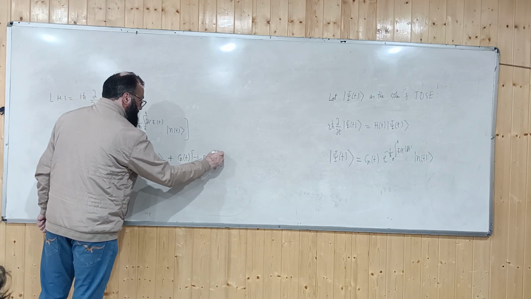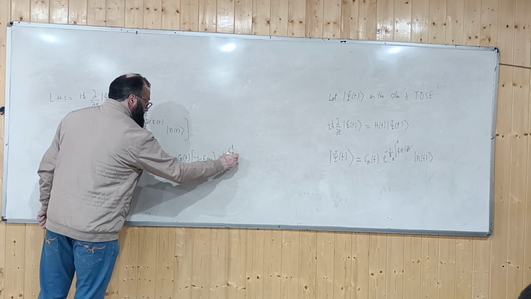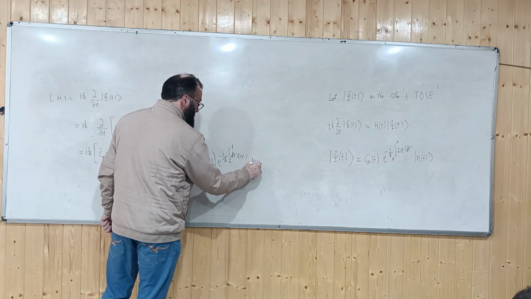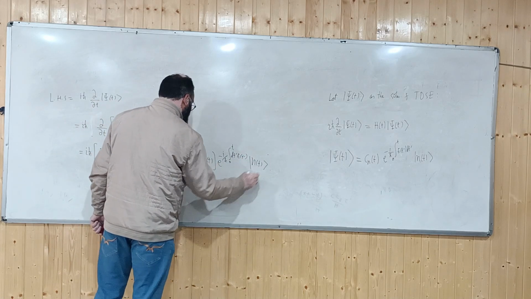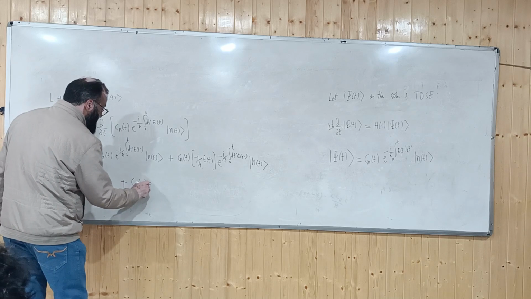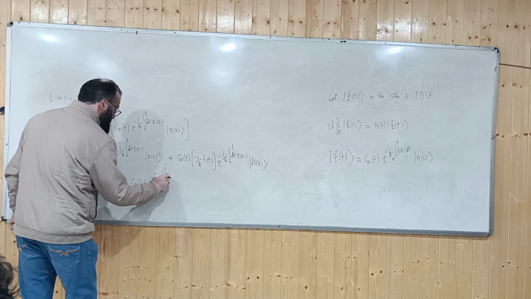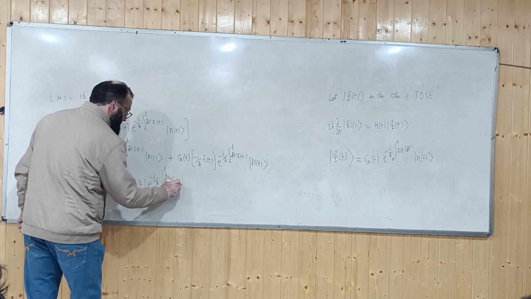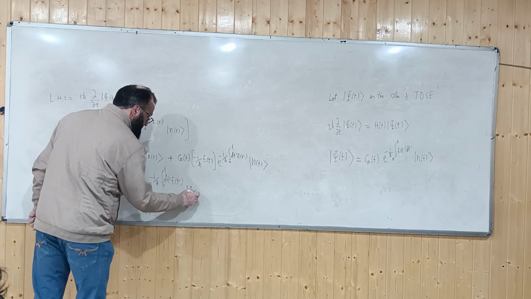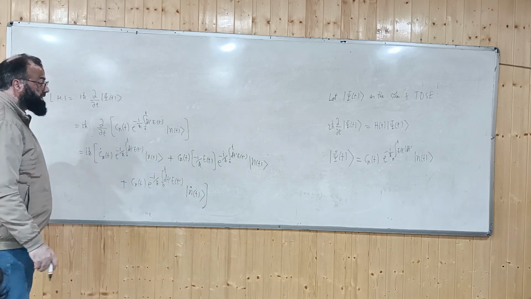So then you are having the exponential 0 to t dt prime En of t prime, then |n(t)>. Then you are having the third term, Cn of t e raised to minus i by ħ integral 0 to t dt prime En of t prime, then the differentiation of this thing, let's call that the derivative of |n(t)>. Got it? So this is equal to RHS.